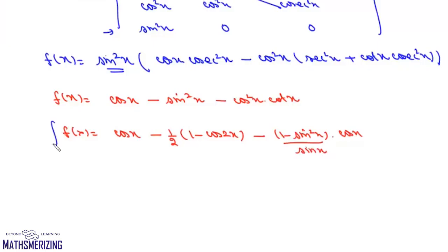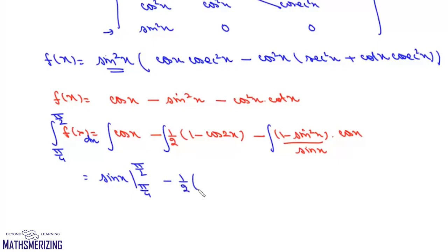Now we'll integrate this function from pi by 4 to pi by 2 with respect to x. So we'll integrate all these functions. For this first one, the integral of cos x will be sin x from pi by 4 to pi by 2. Here it will be simply 1 by 2 dx, and there will be pi by 4 minus pi by 2.